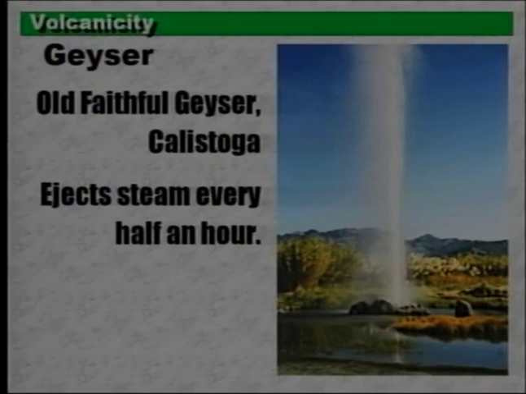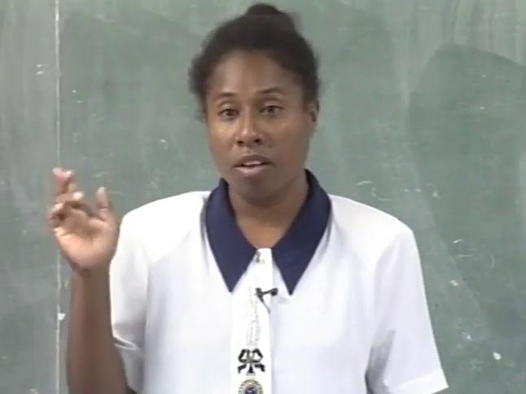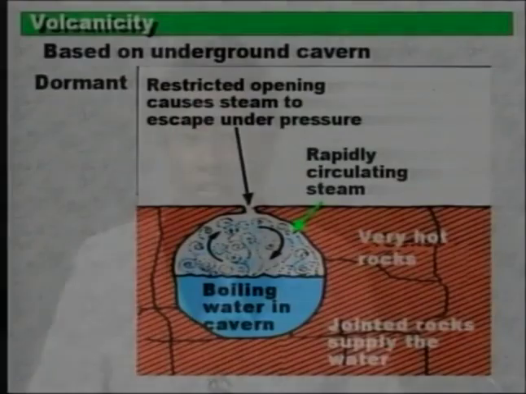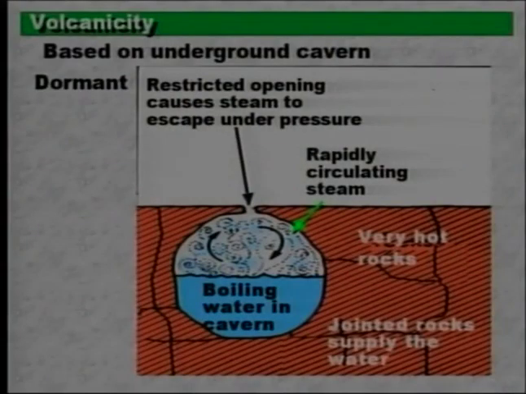Okay, besides looking at those pictures, we also need to know how those features are formed. We look at now the general structure that can also contribute to the formation of the feature, a geyser. The first diagram that we have there, of which you also have a copy on the worksheet provided, but let's look at the information from the monitor.